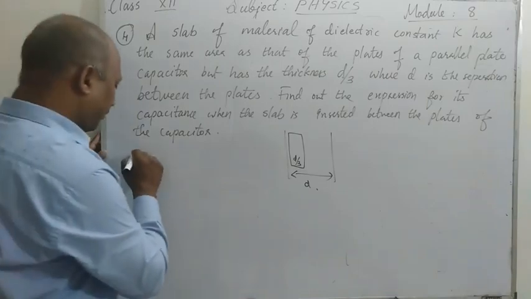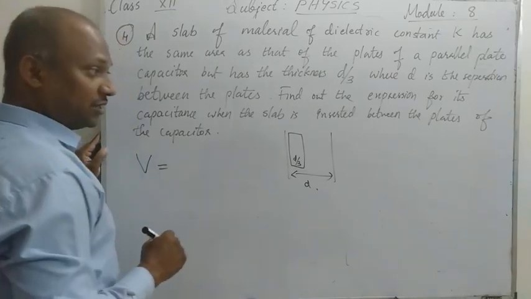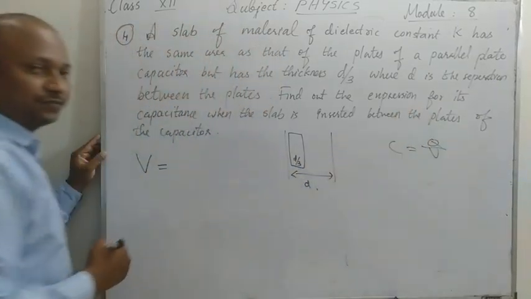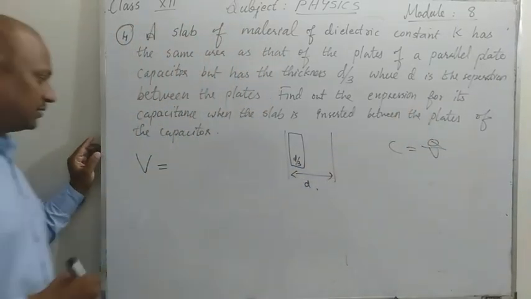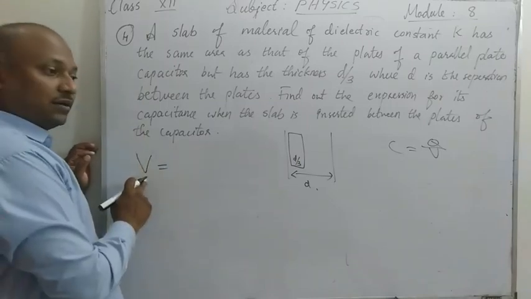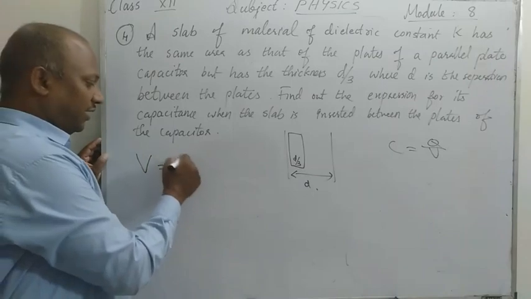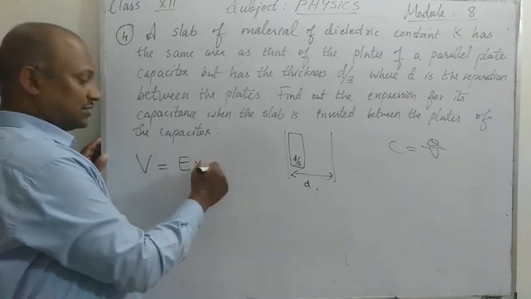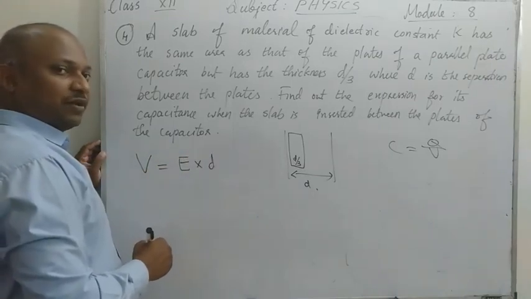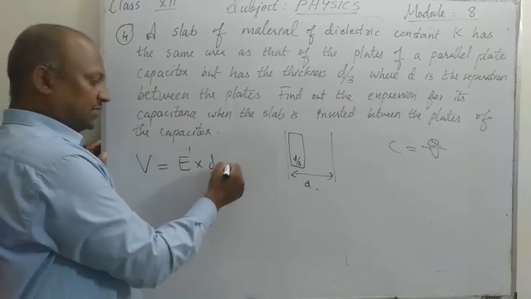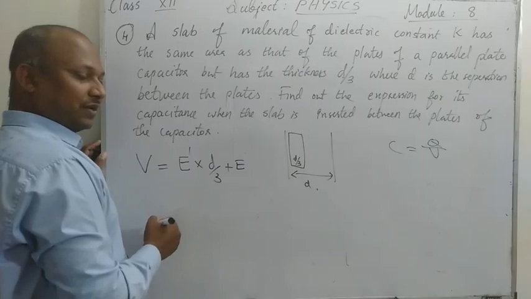And we have a formula for finding the potential. Capacitance has a formula, charge upon potential. And here potential is electric field into distance. But there are two electric fields: one is a modified electric field plus an original electric field.